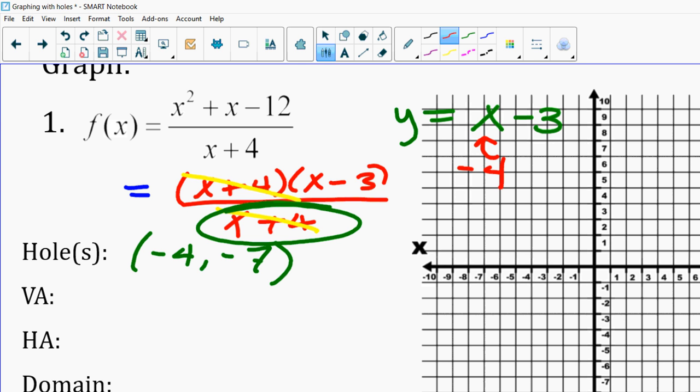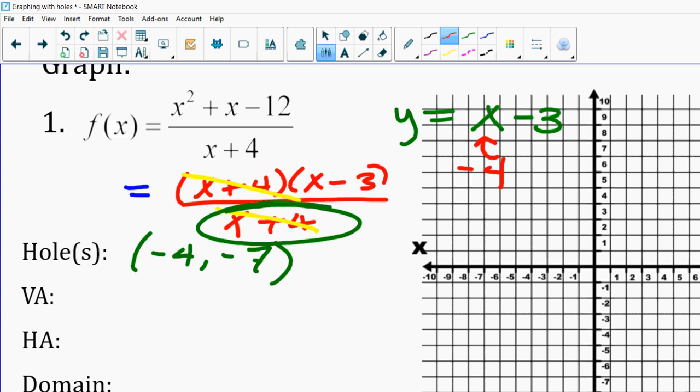-7. That is the one difference from the stuff we've been doing the last 2 days. Everything else is the same. I like holes. So, I'm trying to think of how to word this. Pretty much, I guess what you do is find what makes a factor 0.